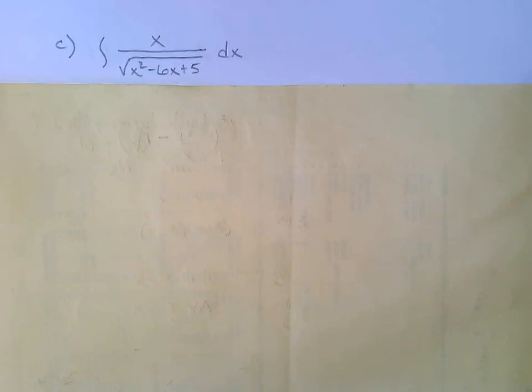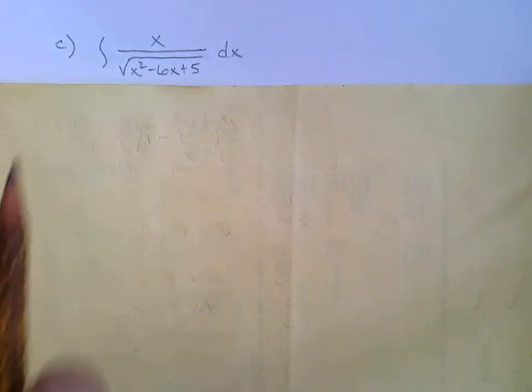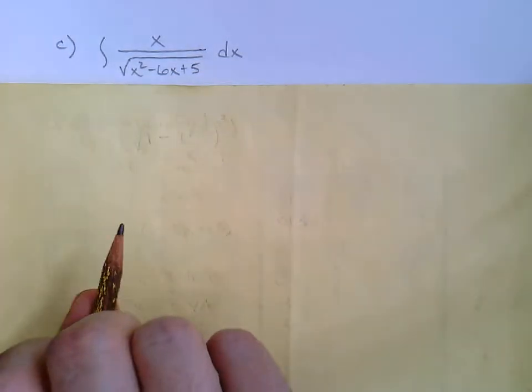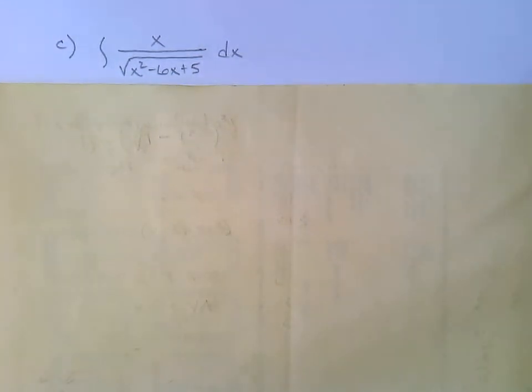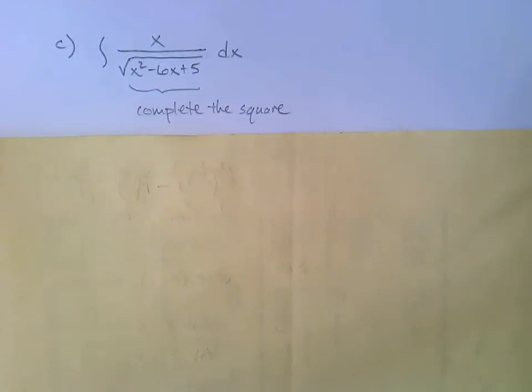So what to do? Well, if you think back to your algebra days, there is a method of turning something like this into either the sum or the difference of two squares. And that is to complete the square.